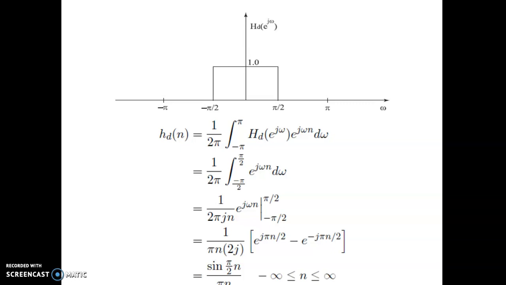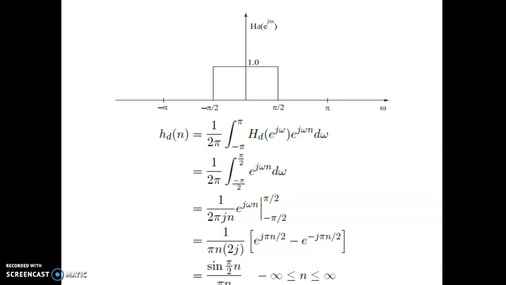Using this formula where hd of n is equal to 1 by 2 pi integral from minus pi to pi Hd of e raised to power j omega e raised to power j omega n d omega, I can put 1 by 2 pi integral going from minus pi by 2 to pi by 2 e raised to power j omega n d omega. Remember, the integral of e raised to power j omega n is e raised to power j omega n by jn.